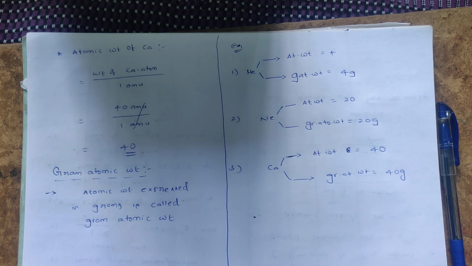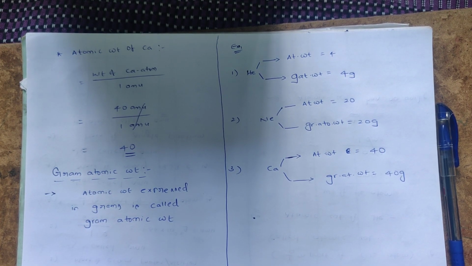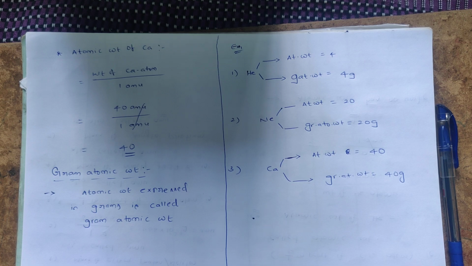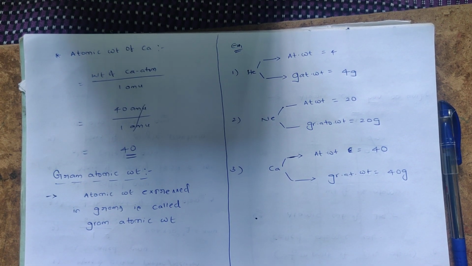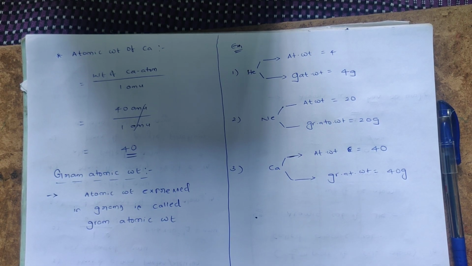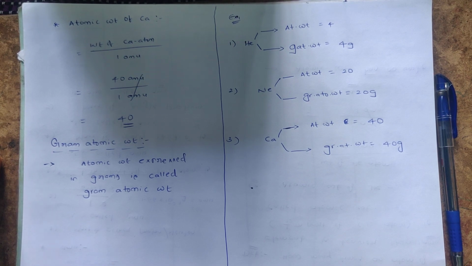But we should know the clear difference. In order to make you know the difference between these two, I would like to pose one question. In atomic weight, how many number of atoms are present? In gram atomic weight, how many number of atoms are present? That is my question.